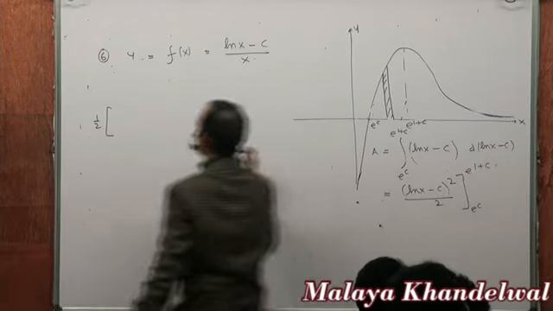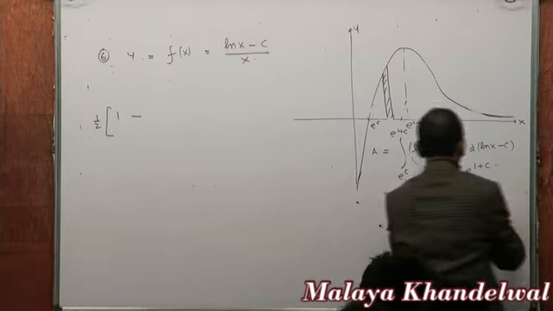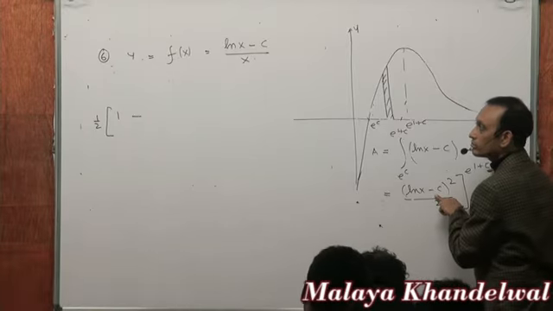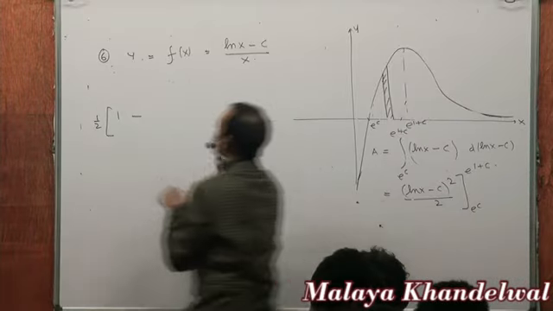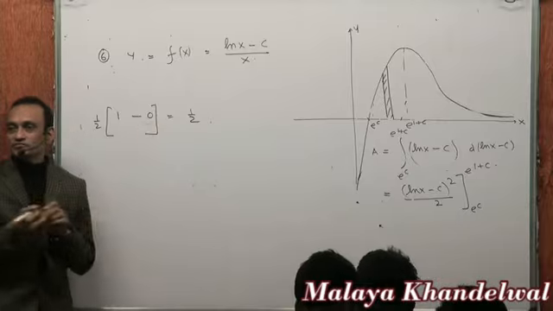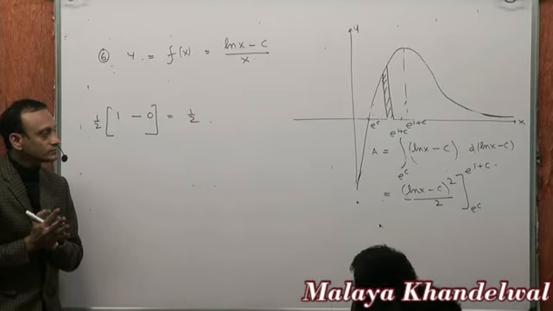That's 1 minus, at x equal to e power c, this will become 0. So half, which is independent of c. Yes or no?